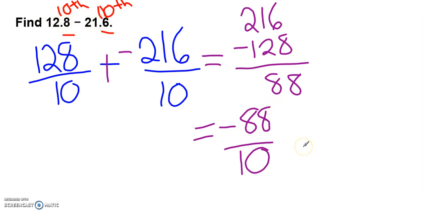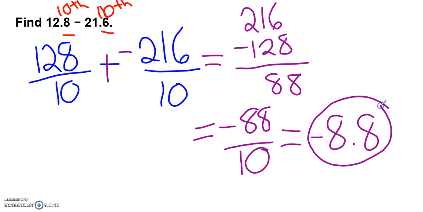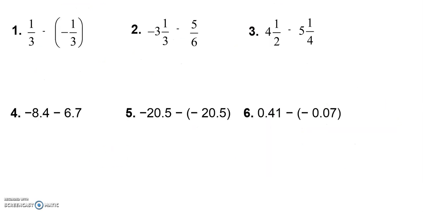So this is going to equal negative 8.8, and that is our answer. Okay, and now this just seems to be a lot of the same thing that I was doing, so just do some of these on your own, and please, if you have any questions, let me know in class.